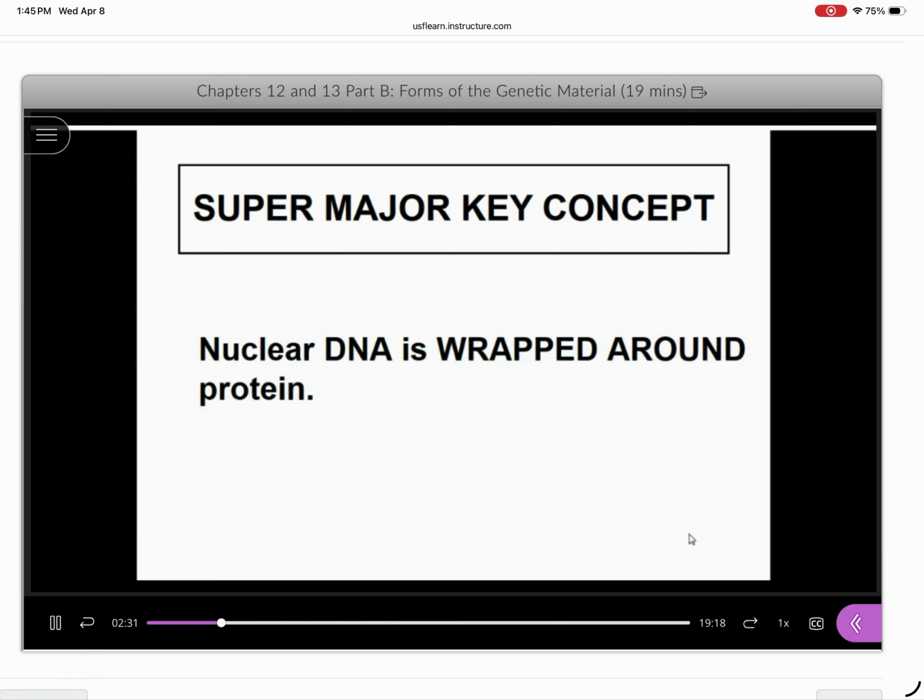So how can we change how compact they are? Well, recall, which we said way back at the beginning of the course, that DNA is wrapped around protein. The DNA in the nucleus is wrapped around protein. I want to say chapter 2, we were talking about charge at the time.